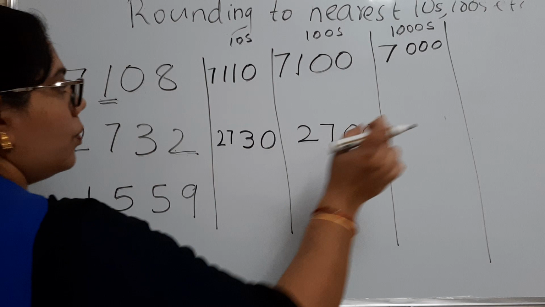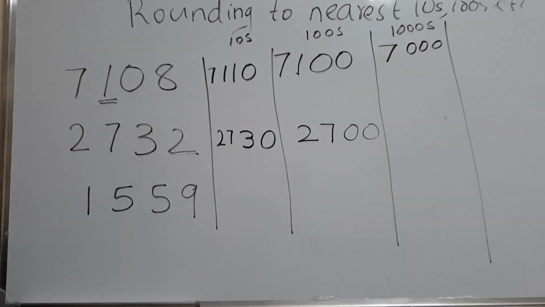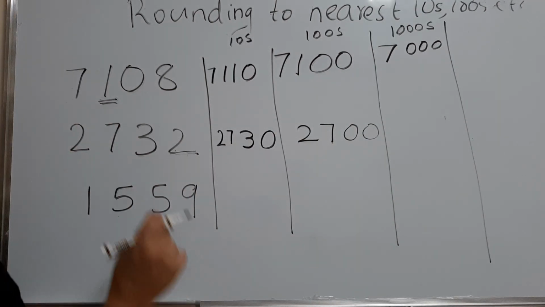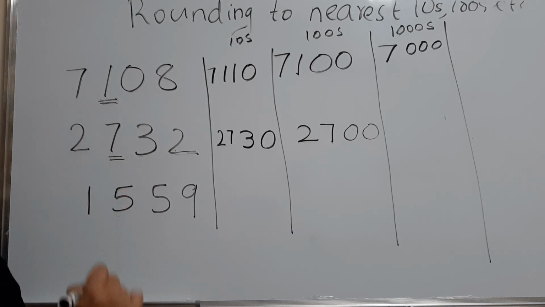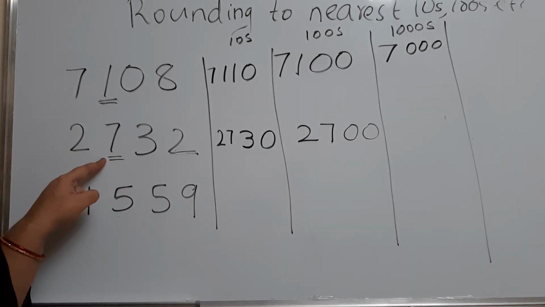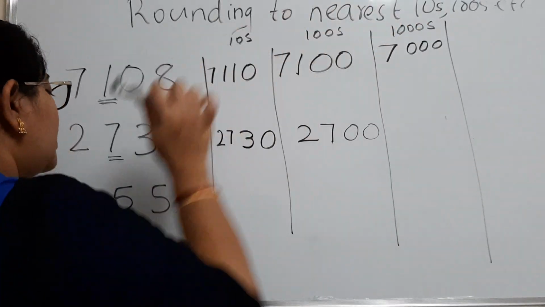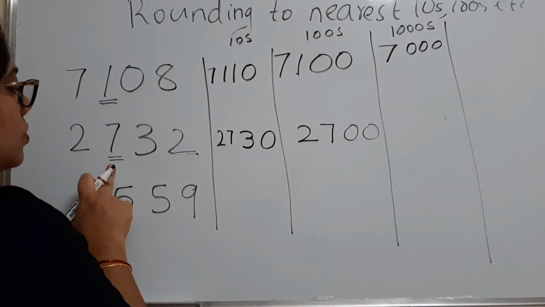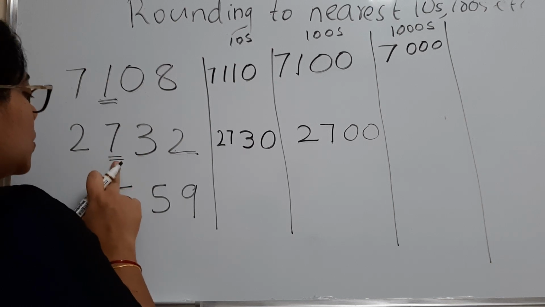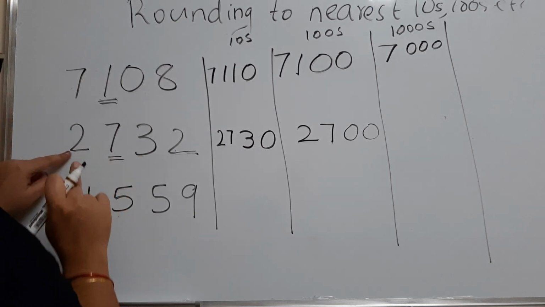Now rounding to the nearest thousands. Here you want to check the hundreds place. Here the hundreds place is greater than 5, that is, it is included in 5, 6, 7, 8, 9. So you add 1 to this number.